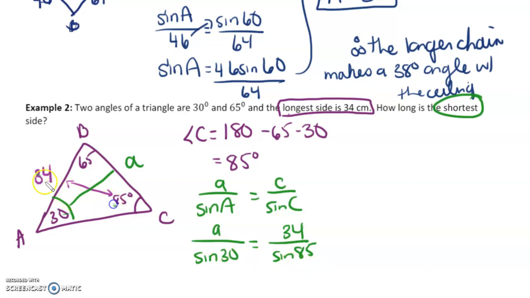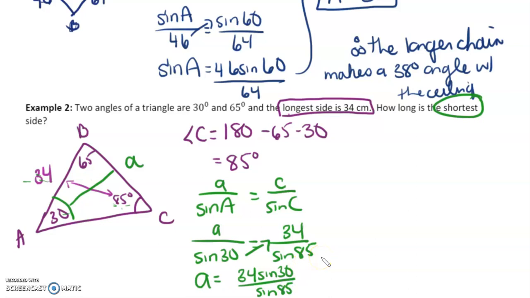Just make sure that the 34 and the sine 85 are on top of one another, and then we can cross multiply. So we're going to get A equals 34 sine 30 over sine 85.